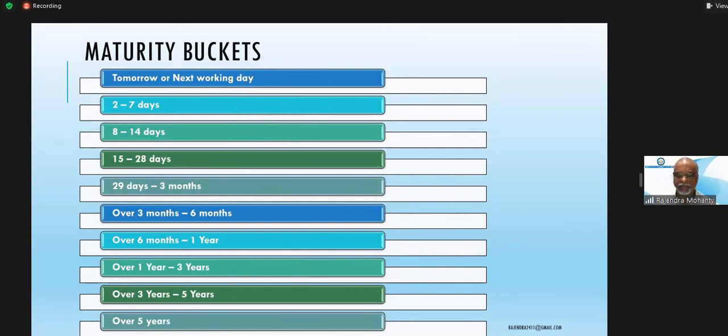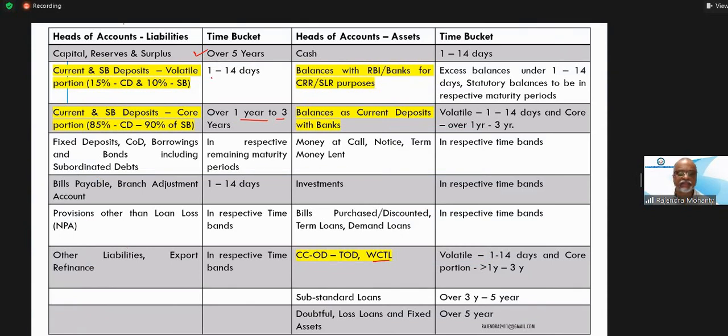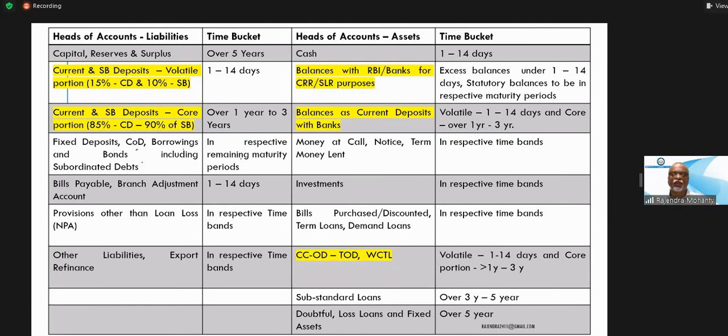There's no problem here. So similarly, other things are also, say, fixed deposit, certificate of deposit, borrowings and bonds, including sovereign debt, they will be placed as per their remaining maturity. So you will be knowing when it is going to mature. So accordingly, you place them in the respective buckets.